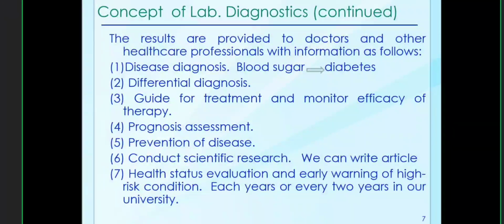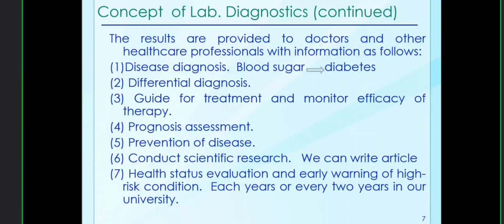And second, it can help for the differential diagnosis. And third, can guide for the treatment and monitor efficiency of the therapy. And fourth is for the prognosis assessment. And the fifth is for prevention of disease and conduct scientific research.